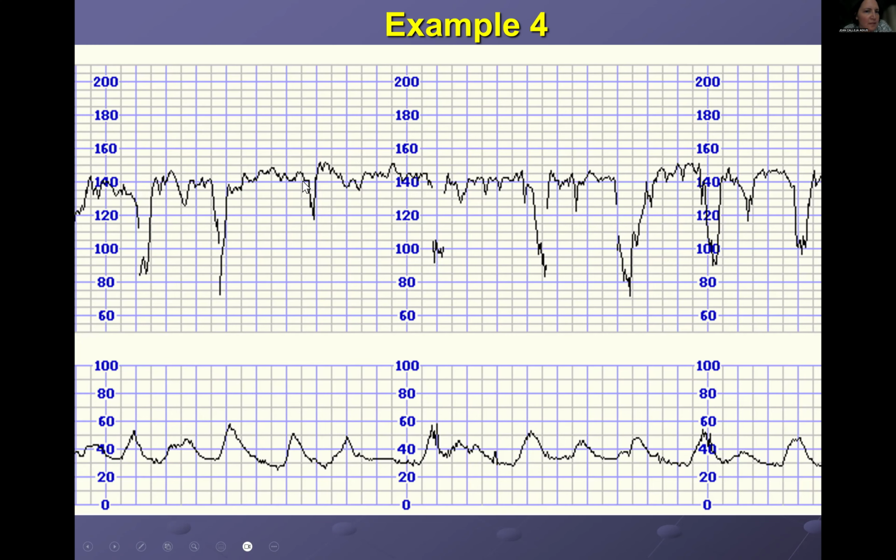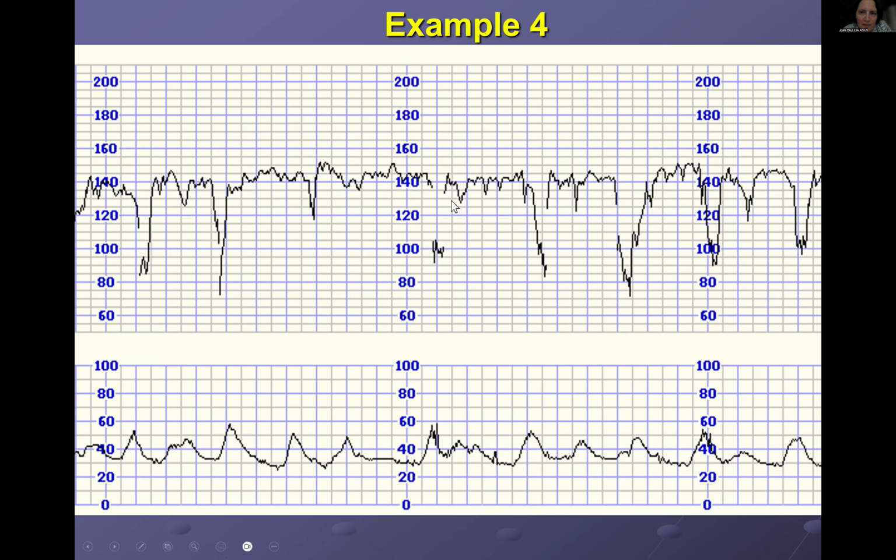So if we're taking this as baseline rate, variability is okay. So that's normal. As I said, each little box is about 5 beats. So there are places where it's 5, and there are places where it's a bit higher than that. So it's just right. So that's your variability.